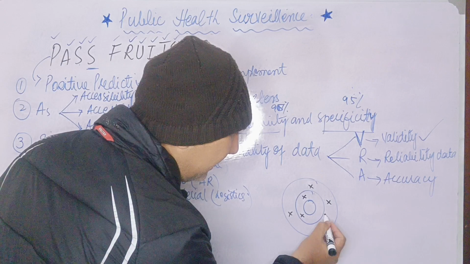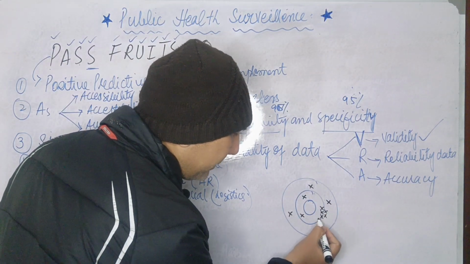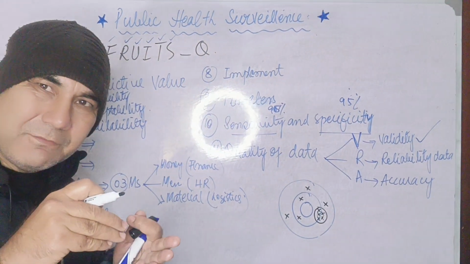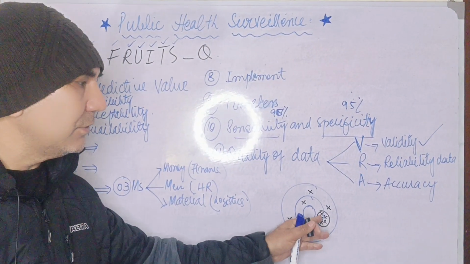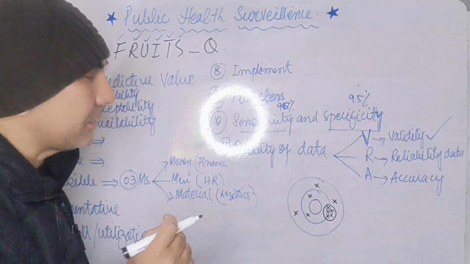If the five bullets fired by some person land in the same area, very near to each other, you can say it is reliable.